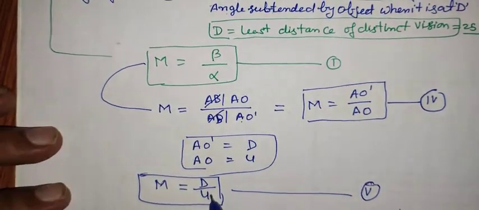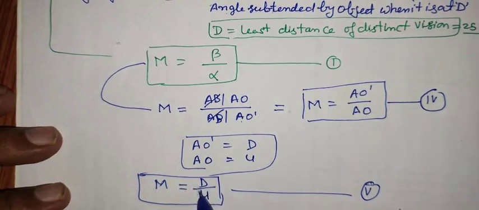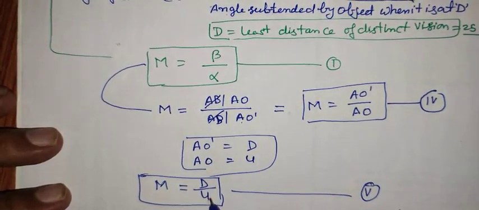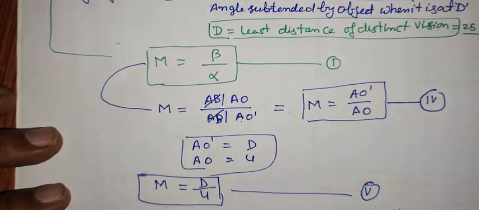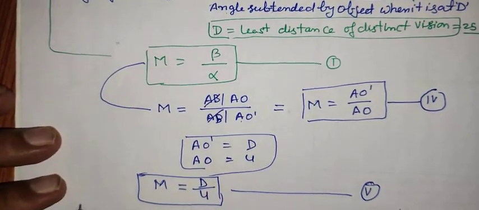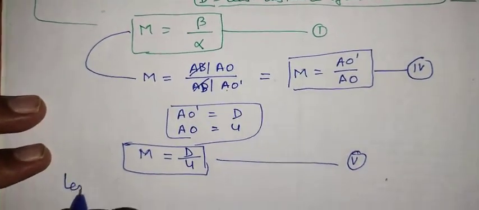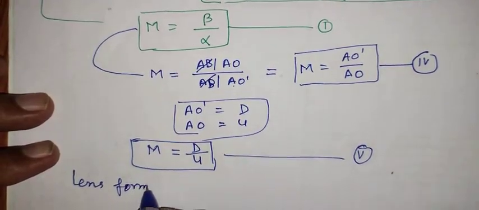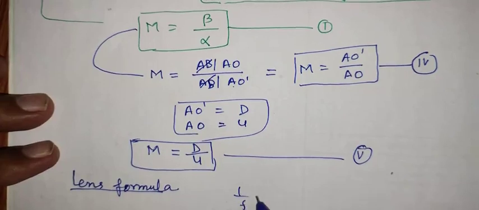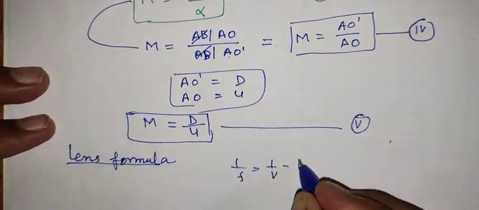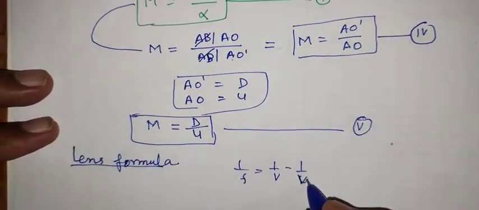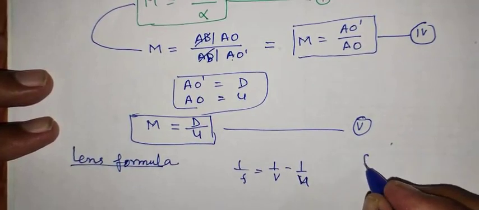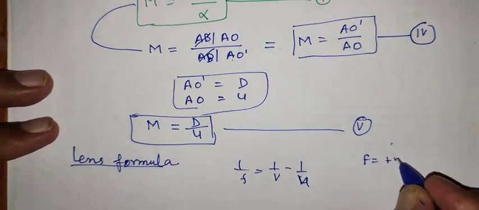What is the plan? We will obtain the value of 1 by U and place it in equation number 5. For that we are going to use the lens formula: 1 by F is equal to 1 by V minus 1 by U. For a simple convex lens, focal length is positive.